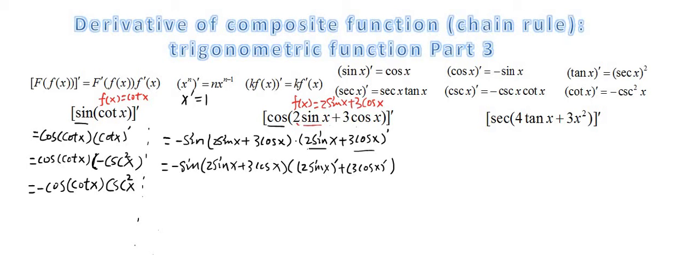For the first term, here we have a constant, so we're going to apply the constant multiple rule. That means we have 2 times the derivative of sine x. For the second term, 3 times the derivative of cosine x. Okay, we can simplify then.